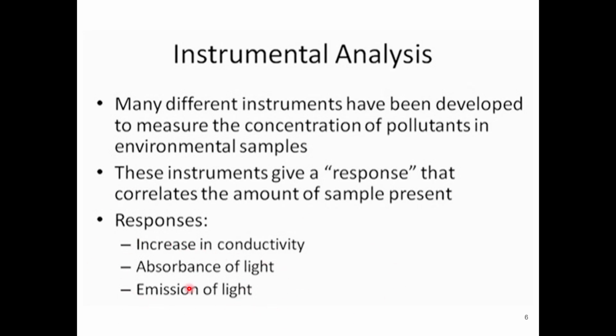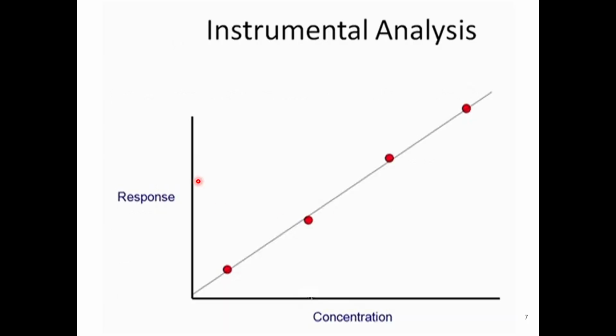That value can be correlated with some standard values, which give the amount of sample present based on the response. So using some standard chart we can predict the amount of a certain pollutant or certain substance present. This is the process.